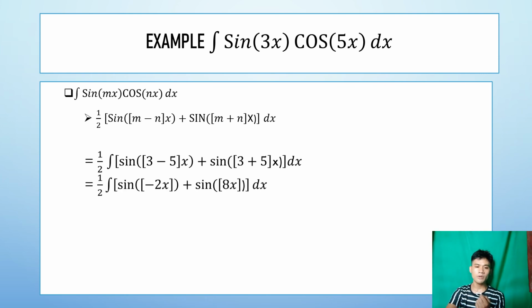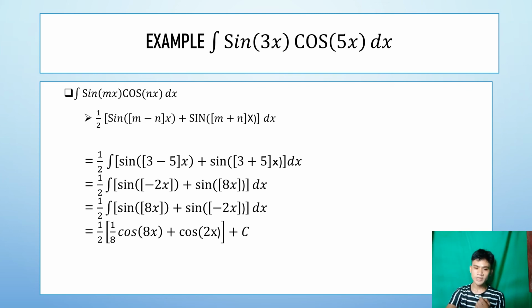So we came up with 1/2 the integral of sine negative 2x plus sine 8x dx. So we now have 1/2 of sine 8x plus sine negative 2x, which we rewrite and then integrate.